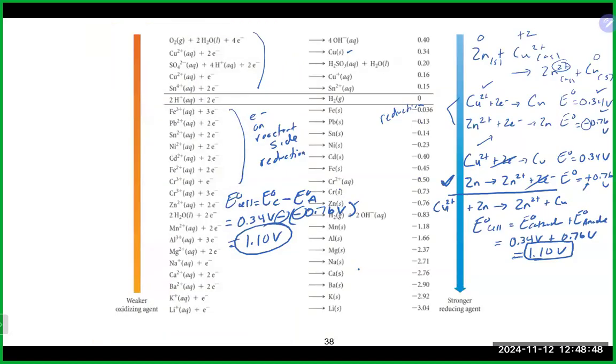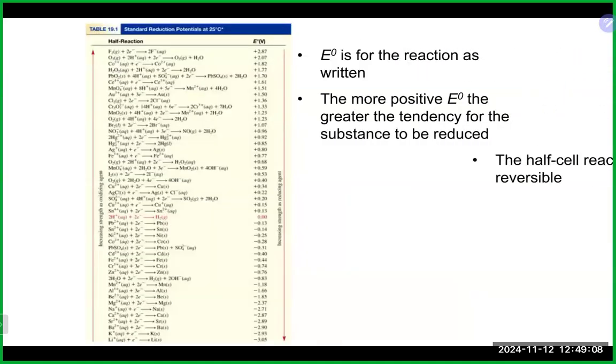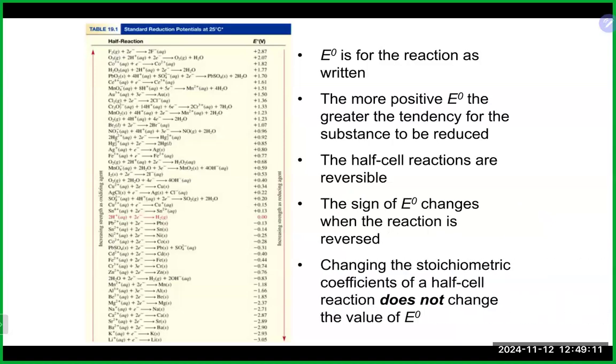And if you're asked to write the proper equation with the proper E value, then technically in this situation for zinc, that is the equation that you should write with the positive 0.76 volts. If the zinc was a cathode, then clearly that would be the correct equation and correct E value to write it. So technically, when you see an E value, it should be specifically for how the equation is written, whether it's the oxidation or reduction. It should have the correct sign technically for the E value.